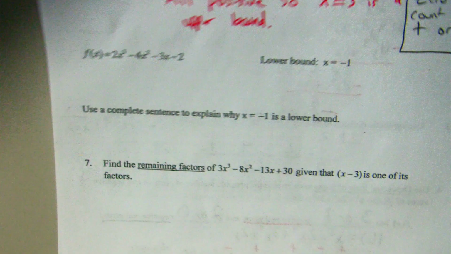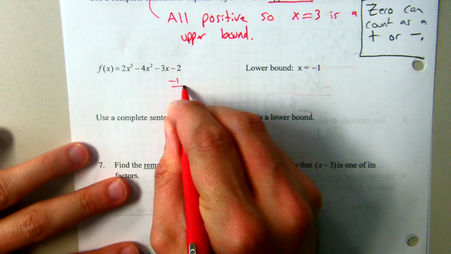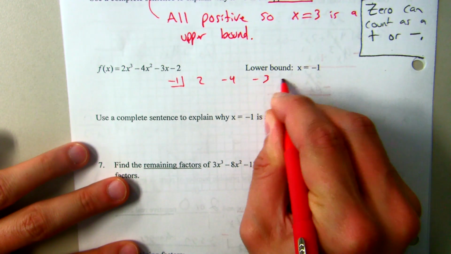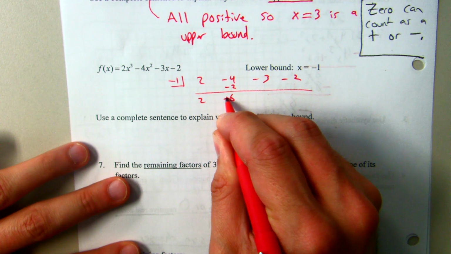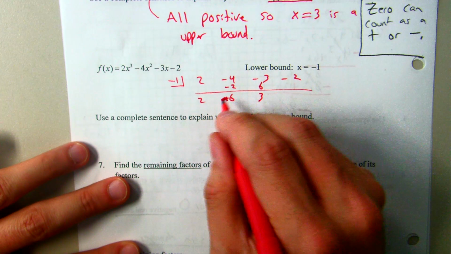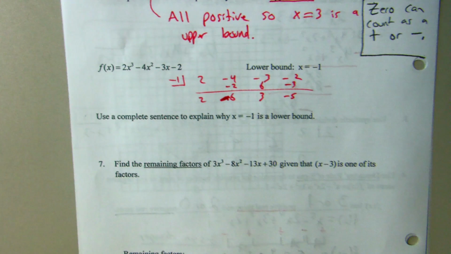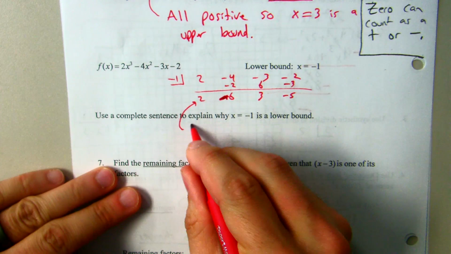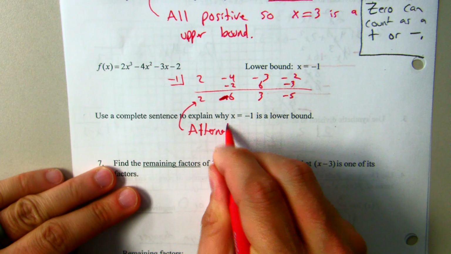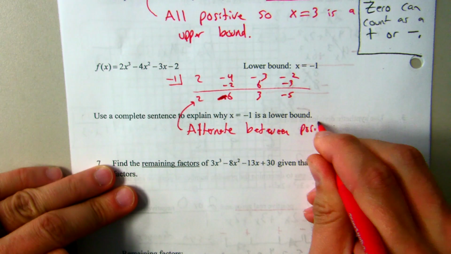Alright, so lower bounds, we're going to do basically the same thing, but make a different observation. We're going to do synthetic division. And if something is a lower bound, the values down here at the bottom will alternate between positive and negative.